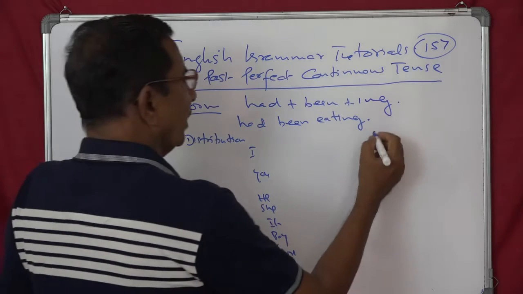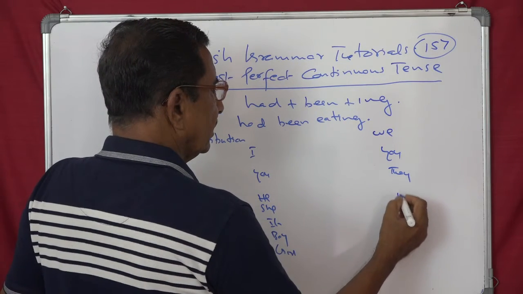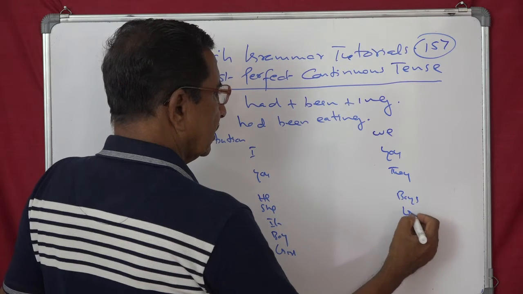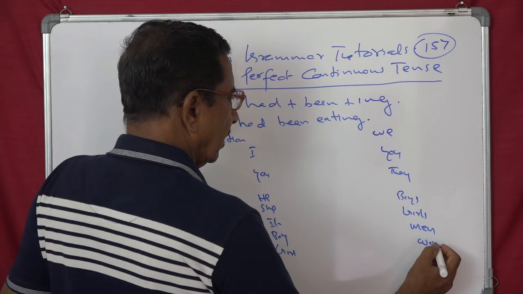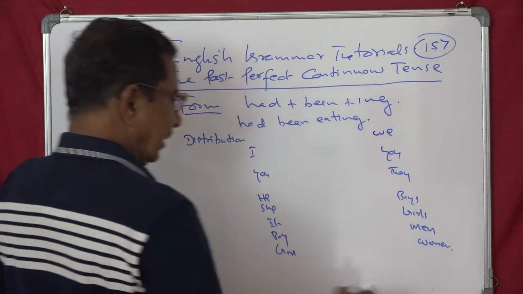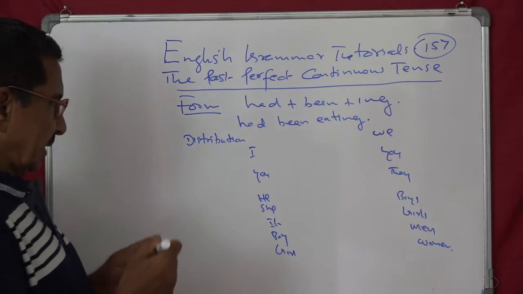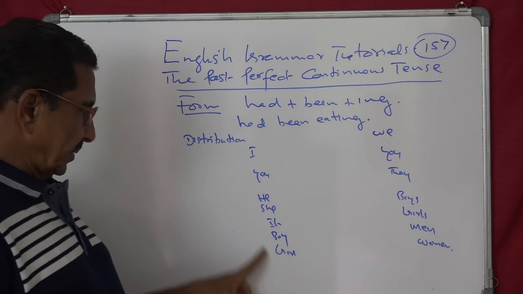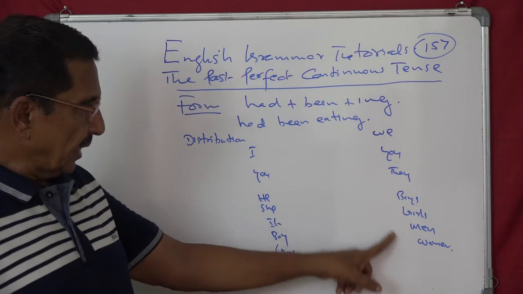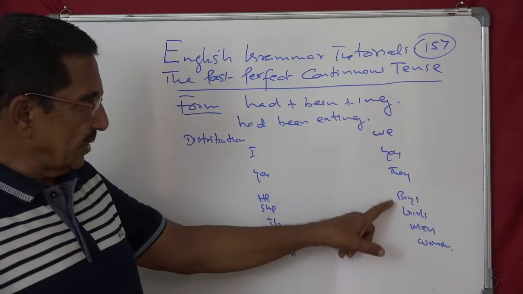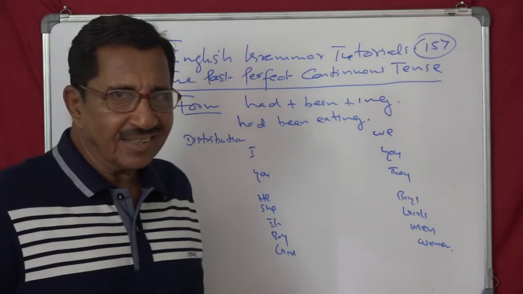And then you have got we plural, you plural, they, boys, girls, men, women, workers, and so on. So this is first person singular, second person singular, third person singular, first person plural, second person plural, third person plural. They is the pronoun and these are the nouns. All these things we have done many times.